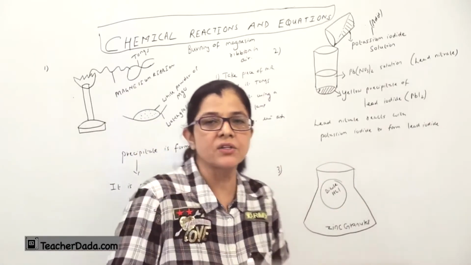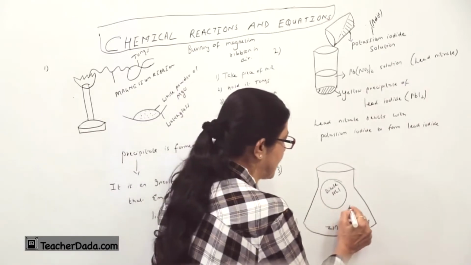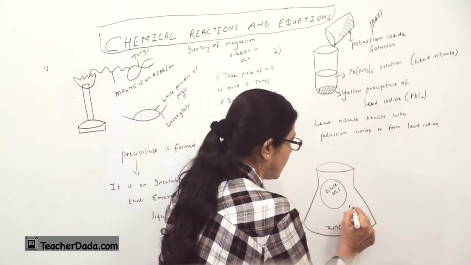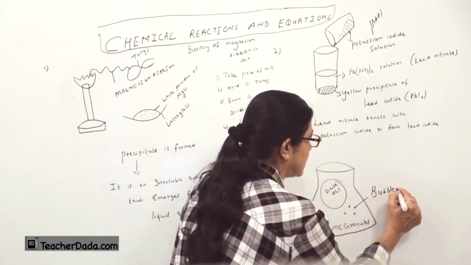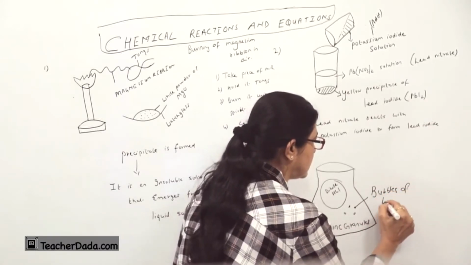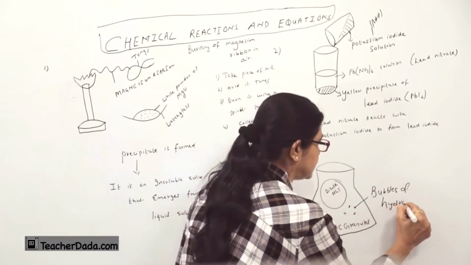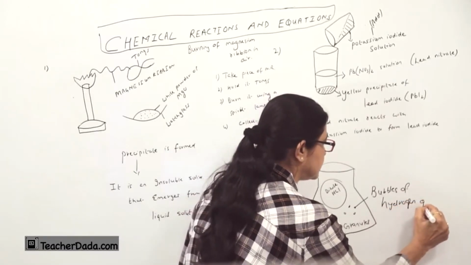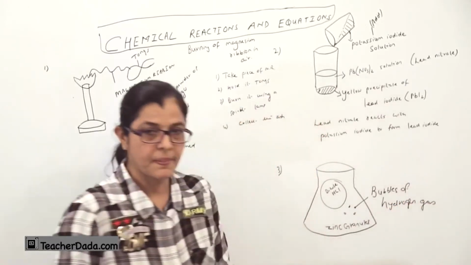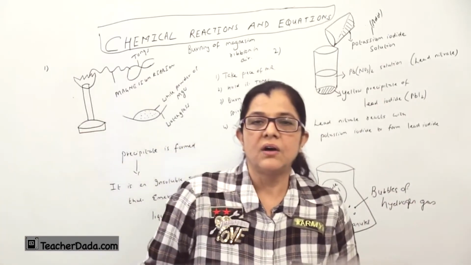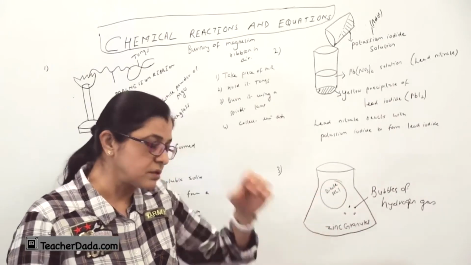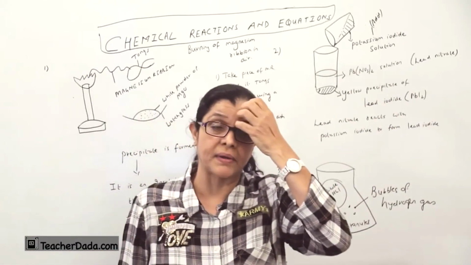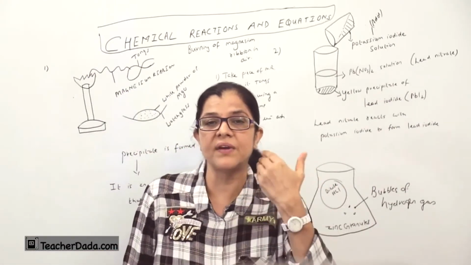Bubbles of hydrogen gas are observed. You can see some bubbles of hydrogen gas here. Now the conical flask becomes hot, and this process is called exothermic. Exothermic means heat is given out.